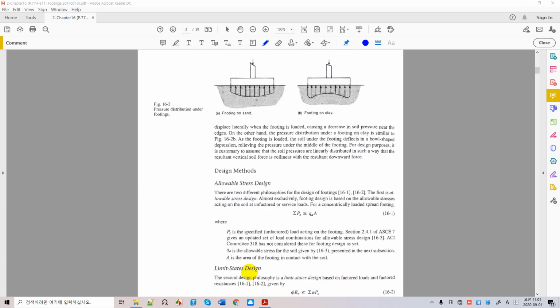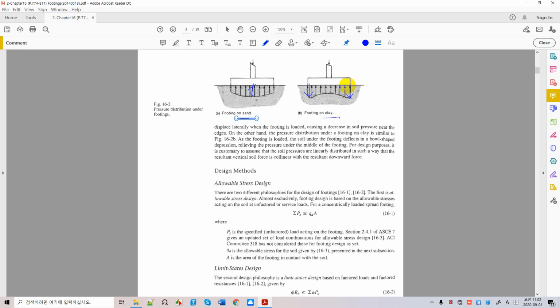Now we are looking at pressure distribution under footings. The pressure distribution on sand looks different from what we have on clay. Here we have a peak distribution at the middle, whereas we have a large distribution at the edge. But neither of these distributions is very practical when we design building foundations.